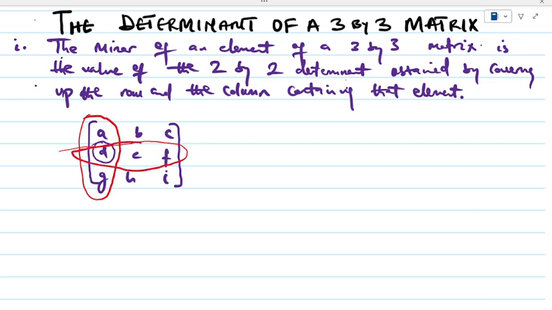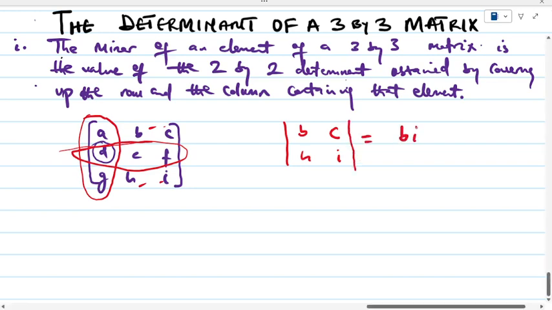So the remaining elements left are B, C, H, I. So then the determinant is Bi minus Ch.